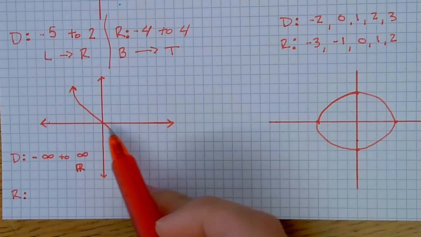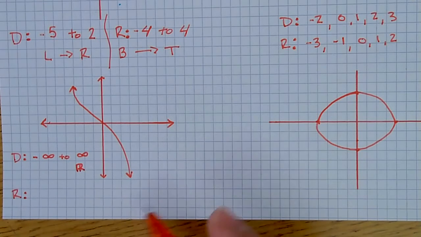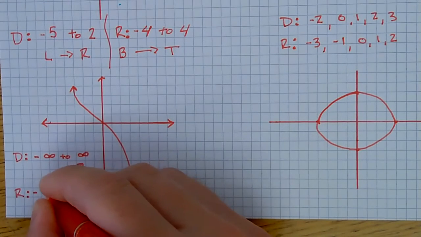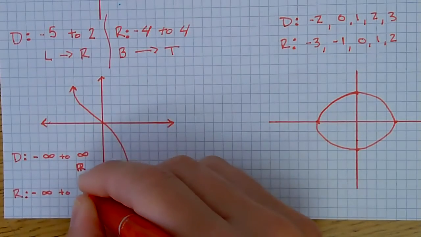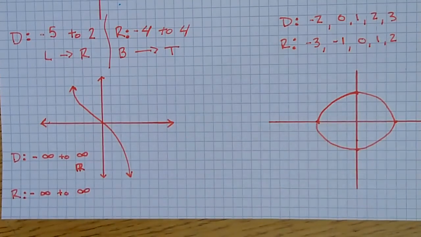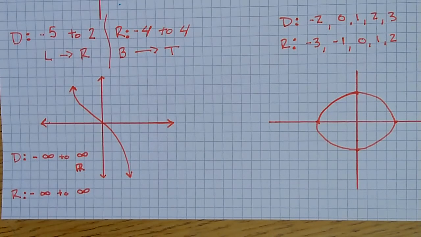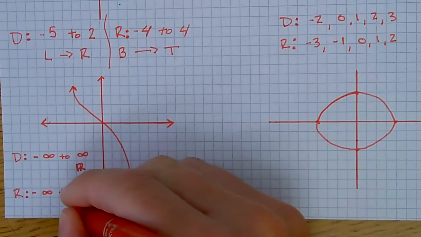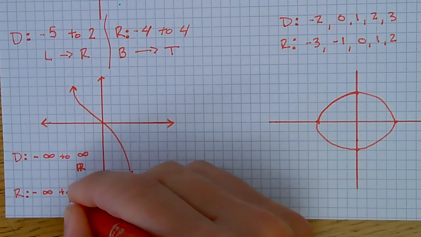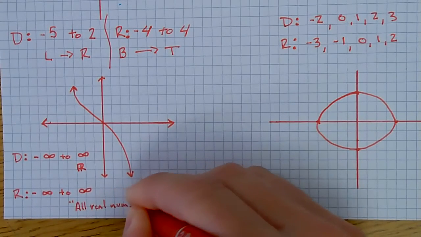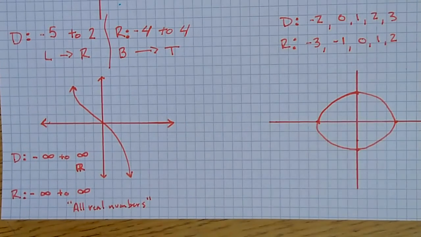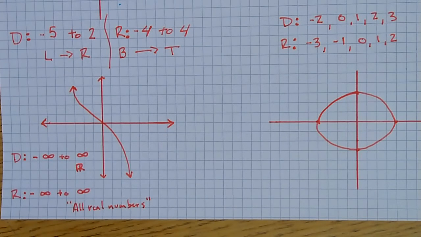Our range, our lowest value goes down forever and ever. So we go from, once again, negative infinity, raises back up forever and ever, to positive infinity. You'll occasionally see it written as all real numbers as well.